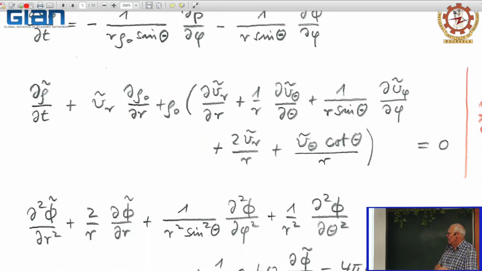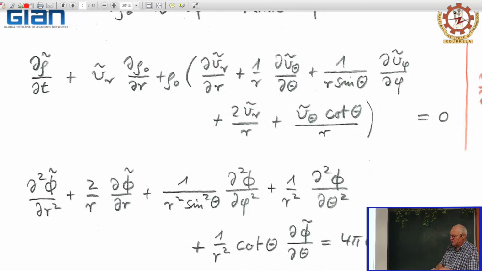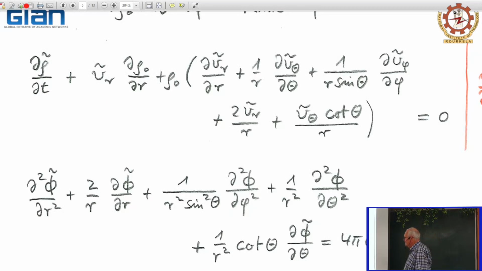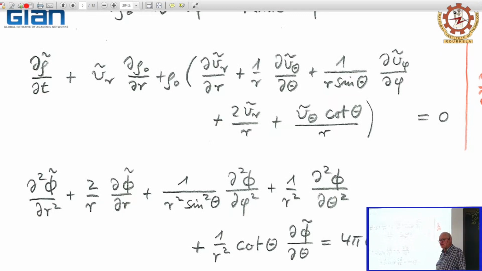And of course, now we have also to consider, in addition to these two equations, the linearized equation of the potential, and we only need to keep the perturbations at any place. So this is, in principle, 4 pi g times rho naught plus rho tilde, but on the left-hand side, the Laplace operator on the stationary potential is 4 pi g times rho naught.